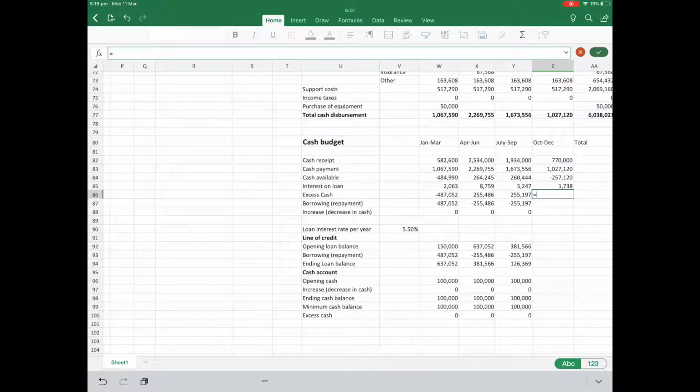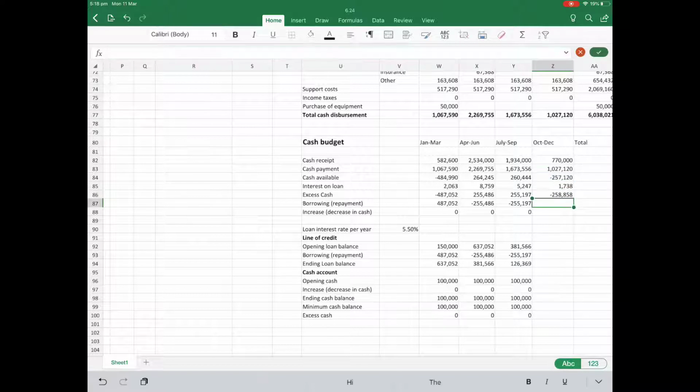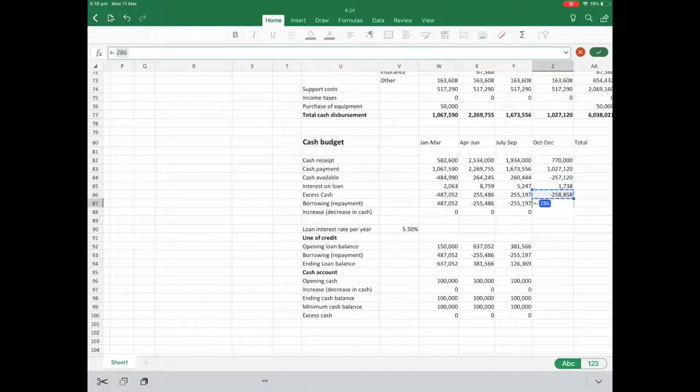But again, this period they don't do very well, so this minus this, they have a minus, and because they have negative cash, they have to borrow to top up, because remember now they only have 100,000 in their bank account and they cannot make it fall below this minimum requirement level. So any loss has to be made up by borrowing to top up. So basically they will have to borrow this much as well.